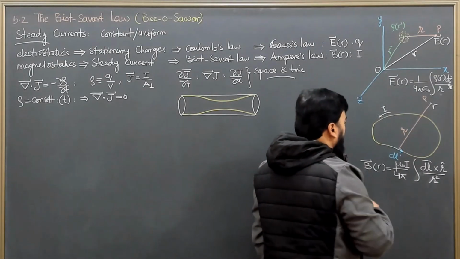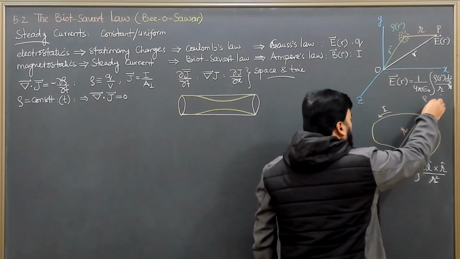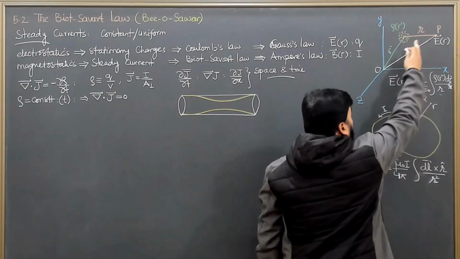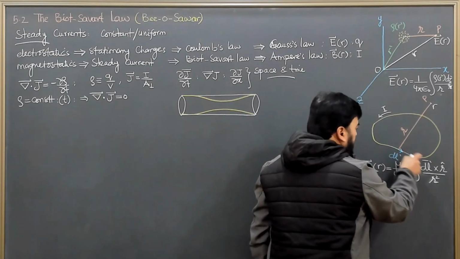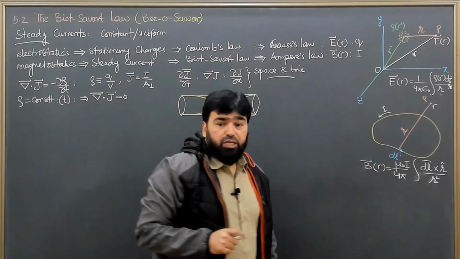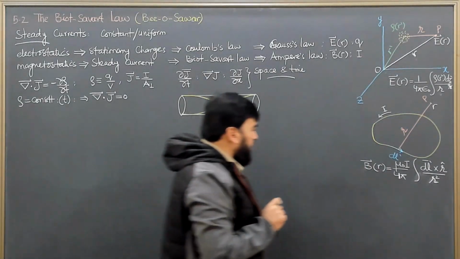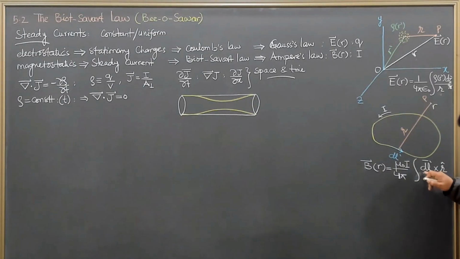This is current I flowing here. Now from the source, the distance to the observation point is tilted r. So it's a source as well. This is a source. So this is the tilted r being the distance from the source, and then I write dl, mu naught I over 4 pi.